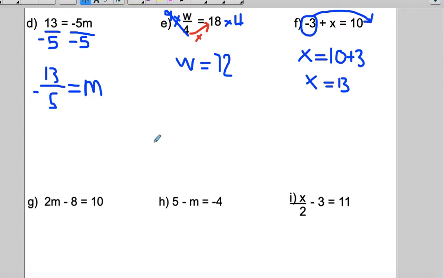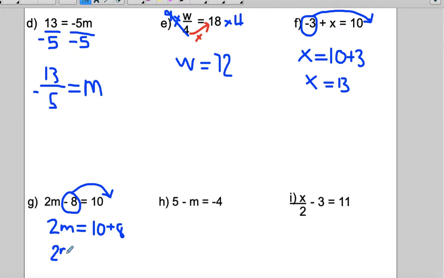So looking down at part G, you've got to move this stuff away from the variable first. Anything that's not attached by multiplication or division gets sent over first. So if we send that negative 8 over, we're still left with our 2m here is equal to 10 plus 8. Remember changing the integer sign.